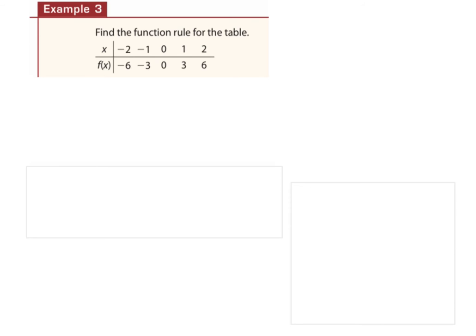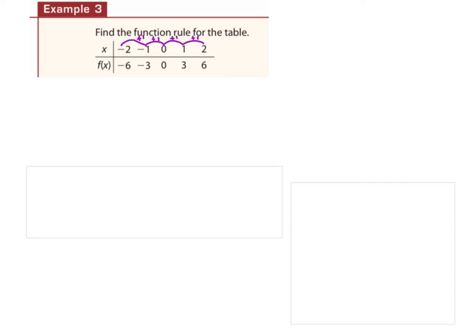Well, x is just going up by 1. Does everybody see that? So if I go from -2 to -1, I've just added 1. That's a positive 1. -1 to 0 is also a positive 1. 0 to 1 is a positive 1. And 1 to 2 is a positive 1. Right? That's the only thing that's happening between the x's.